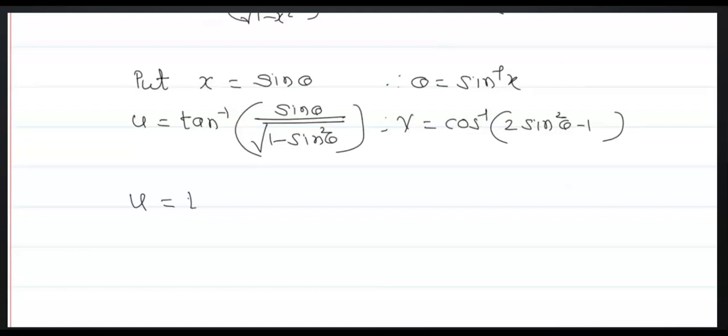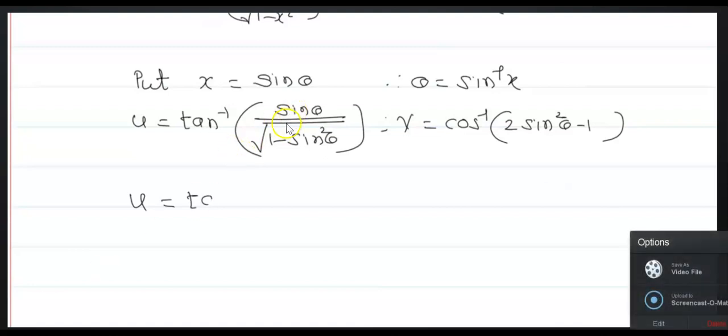Therefore, u is equal to sin theta upon root of 1 minus sin square theta. But what is 1 minus sin square theta? It is cos square theta, and the root gets cancelled, you will get cos theta. That is sin theta upon cos theta, that is equal to tan theta. That is tan inverse of tan of theta, which will become theta.